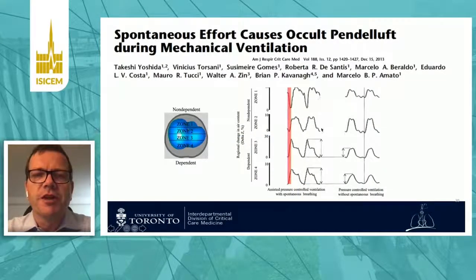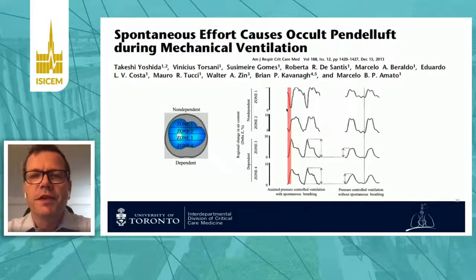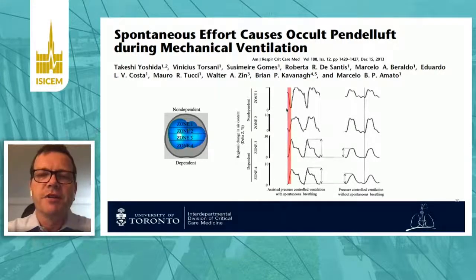This could also be a phenomenon caused by pendelluft, where even a normal-sized tidal volume can cause injury because it's occurring and spreading around the lung. So all the tidal volume goes to the non-dependent regions first, and then all of it goes to the dependent regions afterwards in a phenomenon called pendelluft.